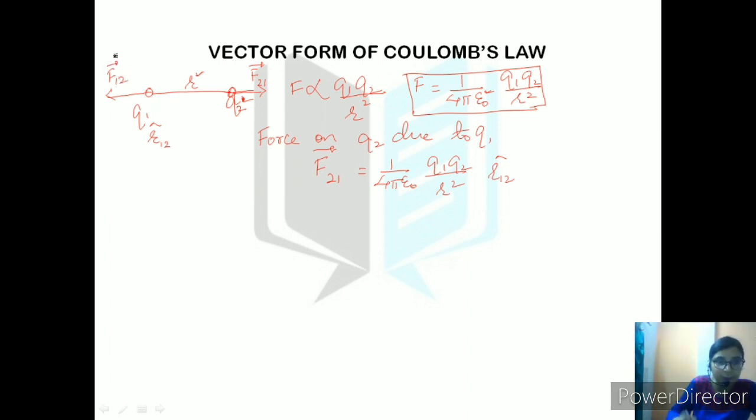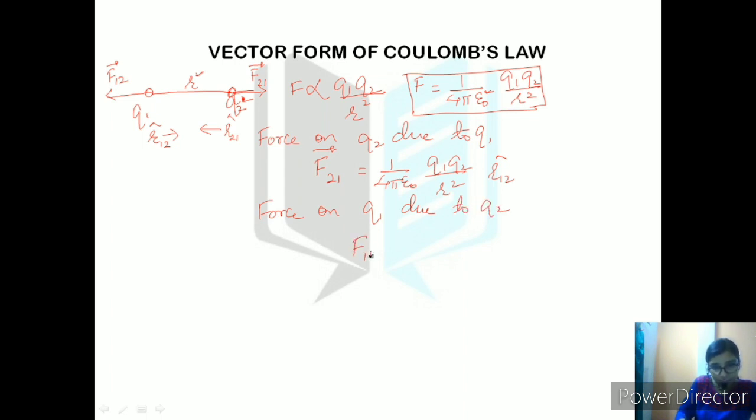Now we will define the unit vector in this direction, that is the direction from 2 to 1. That is R21 cap, the unit vector which gives the direction from 2 to 1. Clear?